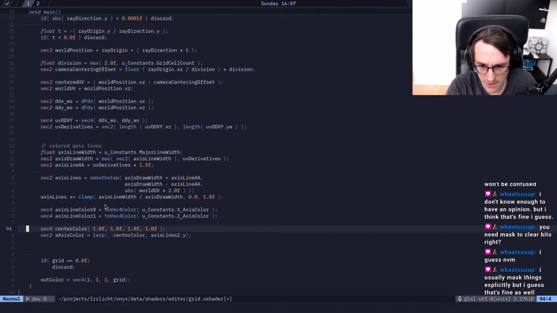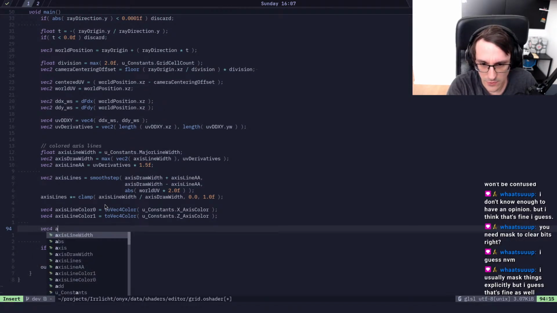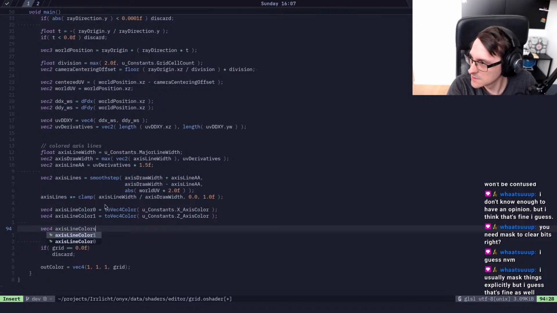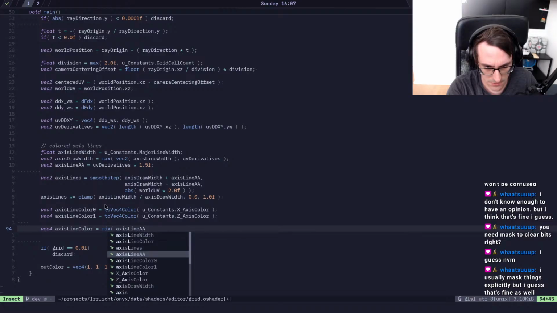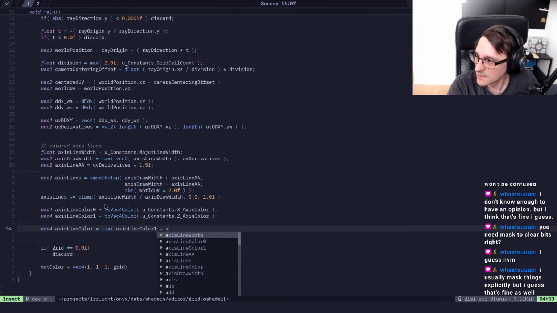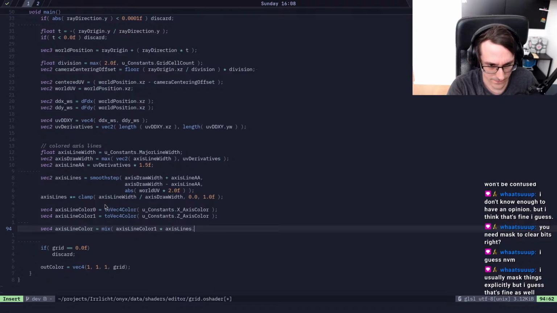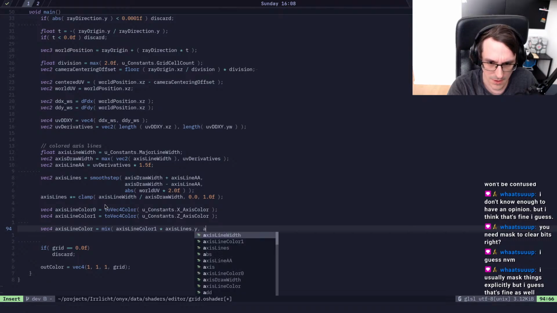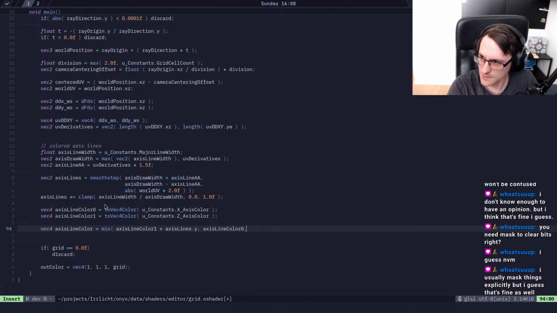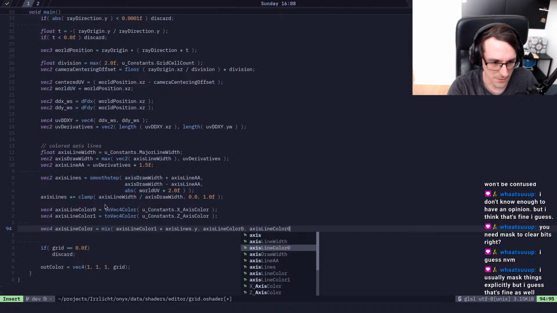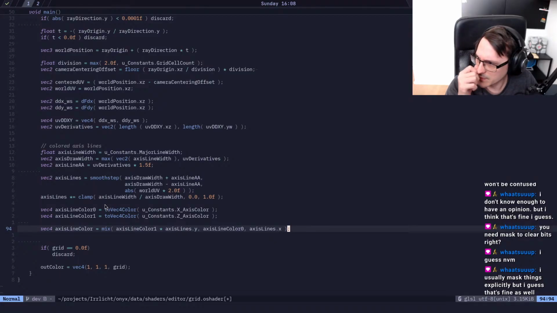And then we have vec4 axis line colors. Axis line color is a mix between our Z axis color, or our X line color 1, times the axis line Y, and our axis line color 0, axis X. I think that should be that.